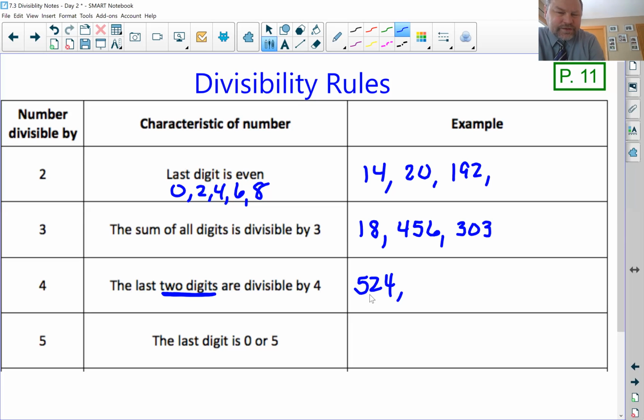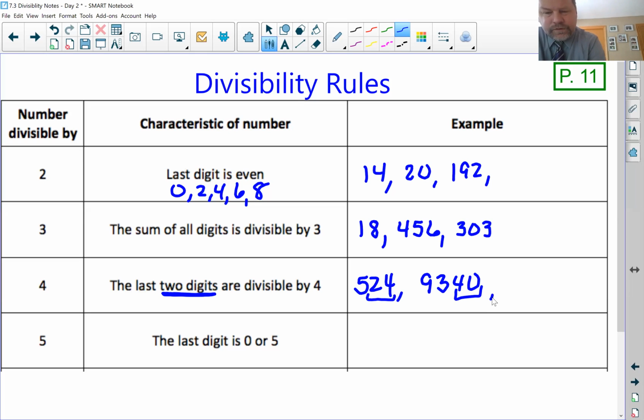Well, you look at the last 2 digits. 24 is evenly divisible by 4, so the whole number is divisible by 4. 9,340. Again, just look at the last 2 digits. 40 is evenly divisible by 4, so the whole number is evenly divisible by 4.